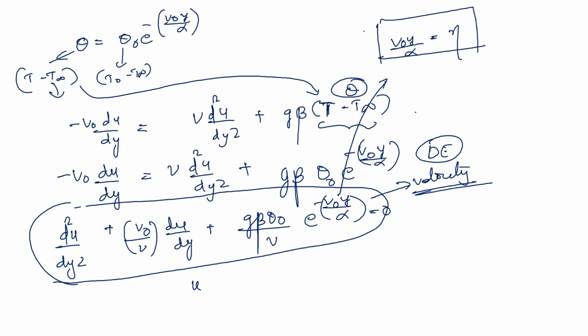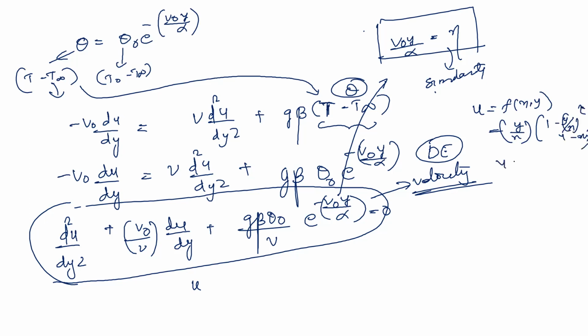Okay. So these kind of transformations are called similarity transformation, which we had discussed in some of the previous classes. So this similarity transformation, suppose the particular velocity profile is a function of x and y, maybe something like y by x into 1 minus y by x the whole square, etc. So we can just substitute eta equal to y by x.